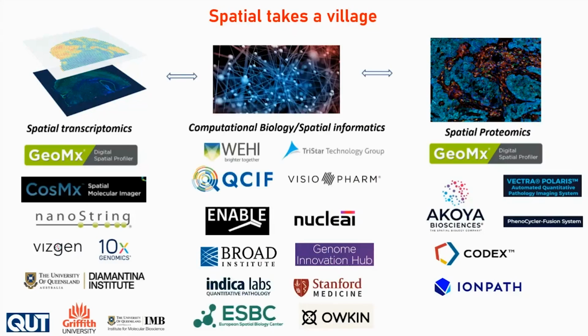How this comes together is this really challenging piece. We call it spatial informatics or computational biology, where it's bioinformatics, biostatistics, imaging companies, and spatial informatics teams. We work with AI companies as well to really understand the complexities of these data sets. A single experiment could be a 10 terabyte file size, so these aren't run-of-the-mill assays.